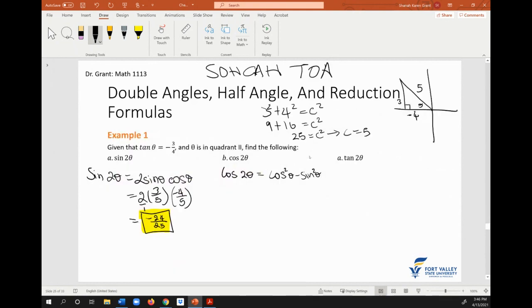And so again, we're just going to plug in. So cosine squared theta. So what is cosine? So cosine of theta is going to be -4 divided by 5, and we're squaring that.